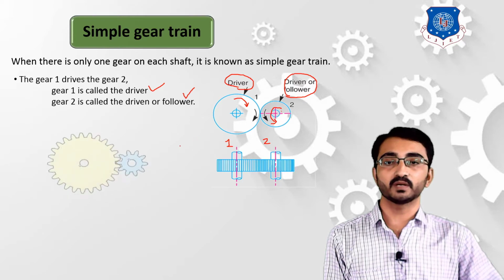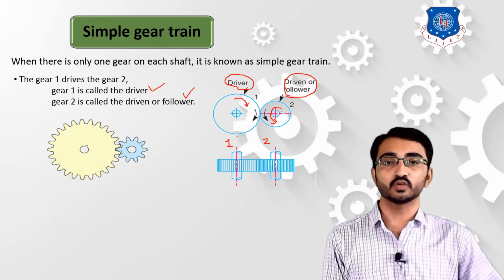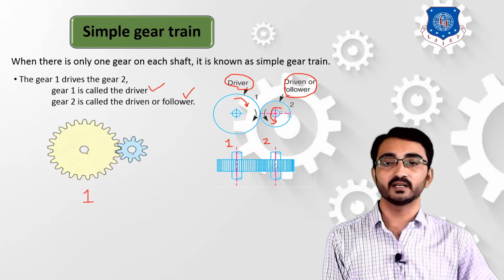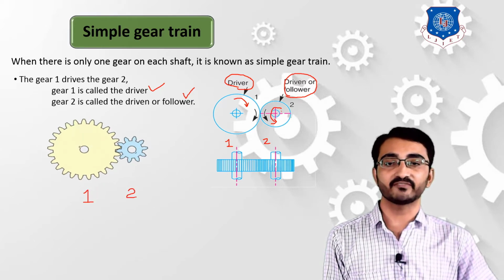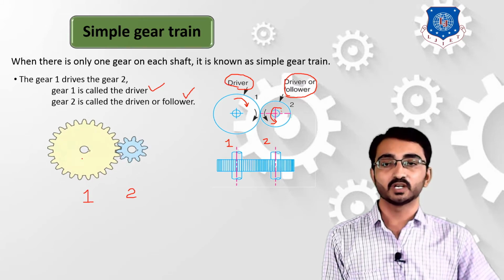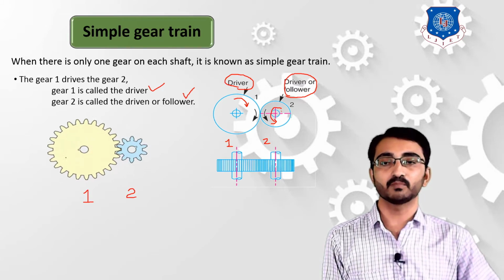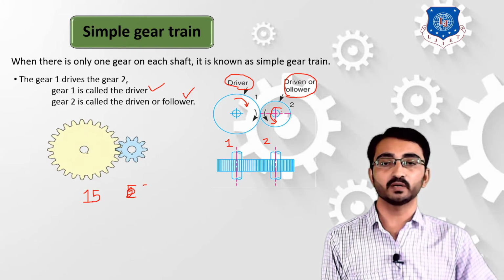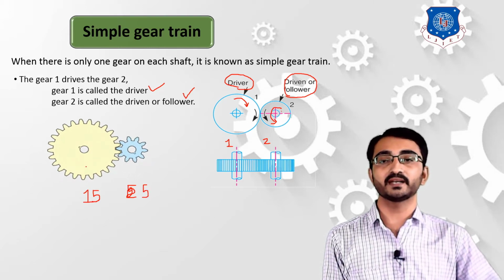We have to remember one more thing, that it also helps us to reduce or increase the speed. In this diagram, shaft number 1 has a larger diameter and shaft number 2 has a smaller diameter. Consider that the number of teeth on the periphery of gear 1 is 15, while on shaft number 2 we have only 5 teeth.